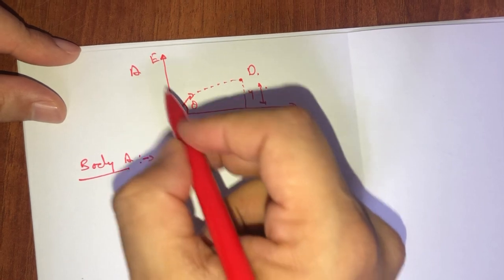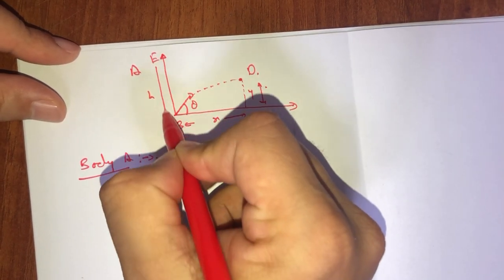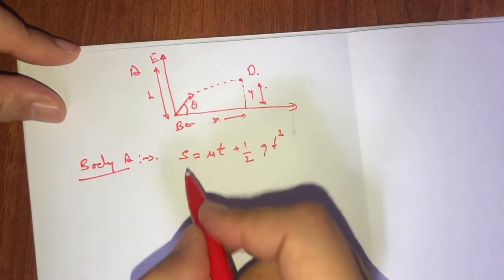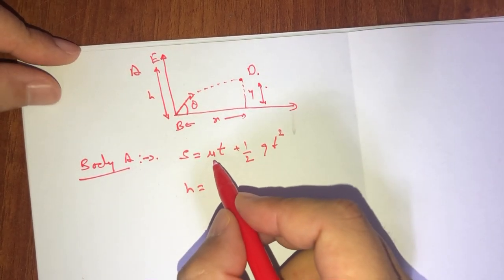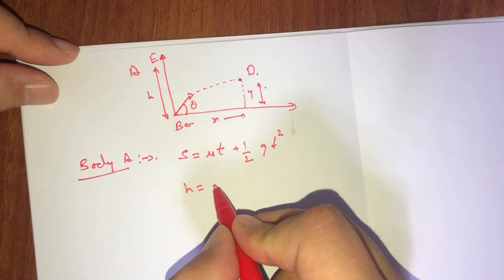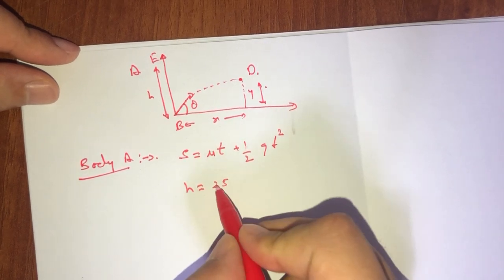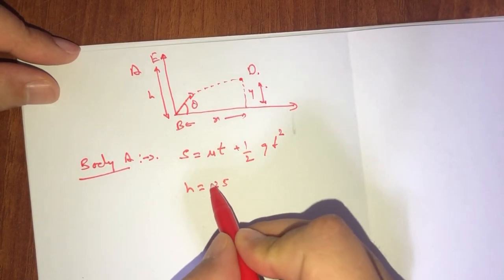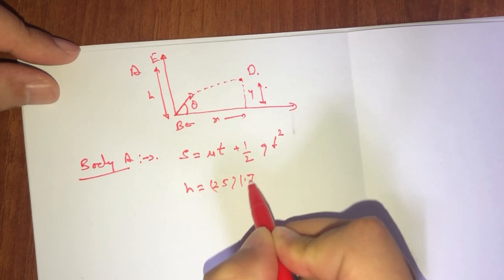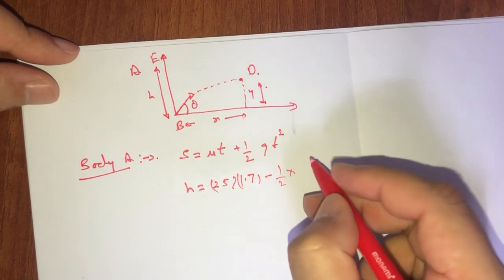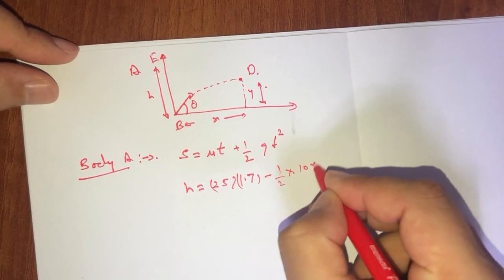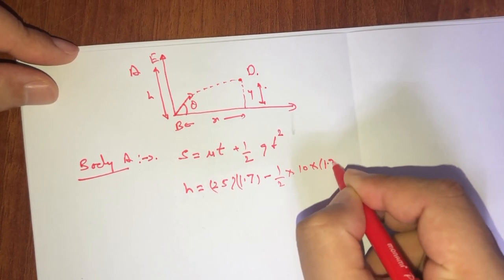So if we say this is height h, then h will be equal to, with the initial velocity given as 25, time given as 1.7, minus 1/2, g given as 10, time given as 1.7 square.